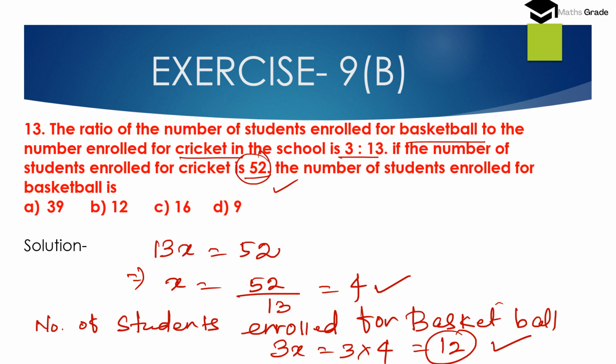So the number of students enrolled for basketball is 12. Option B, which is 12, is the correct option.